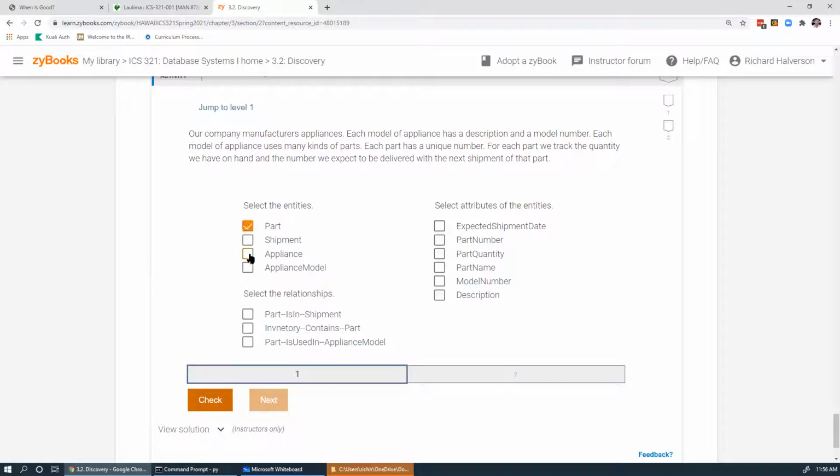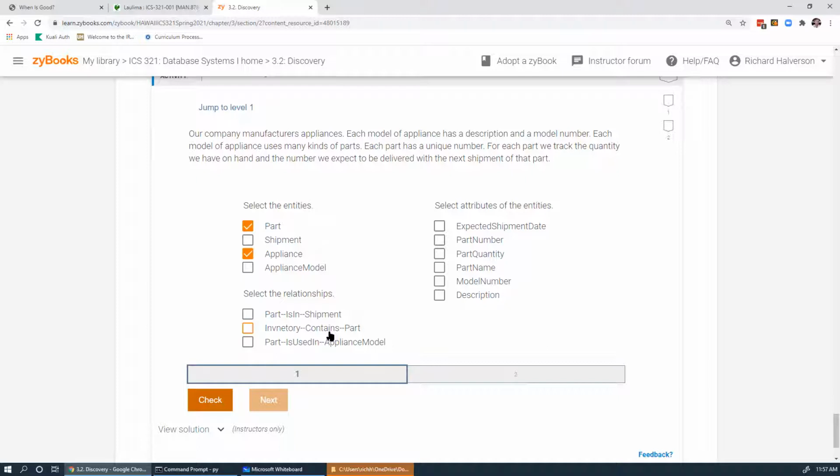Maybe this and this. Select the relationships. Part, inventory. This should be inventory, I presume.